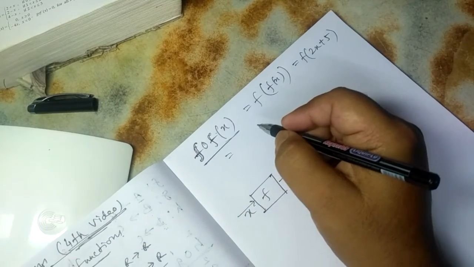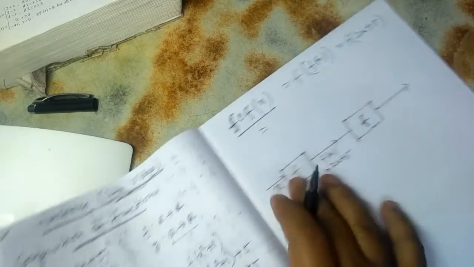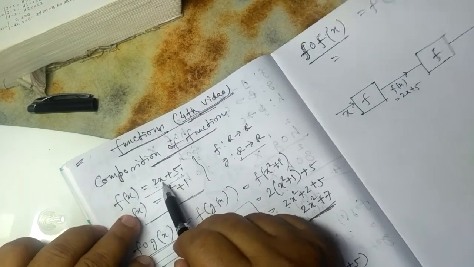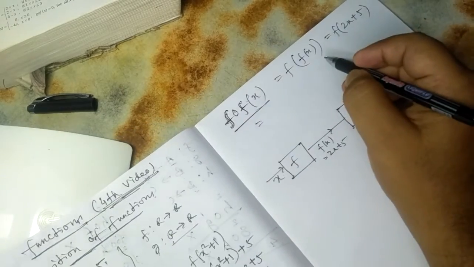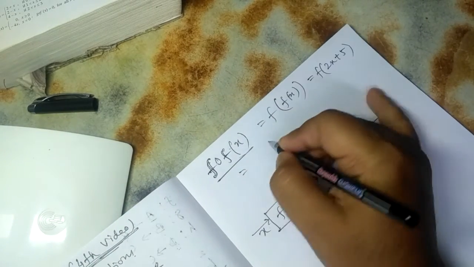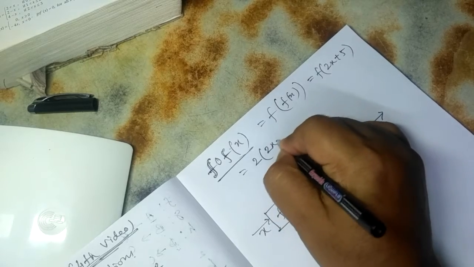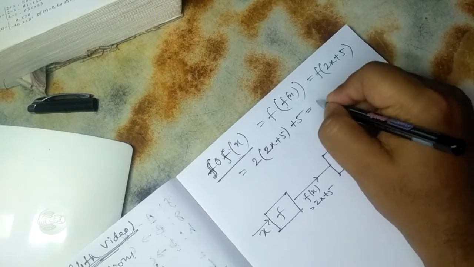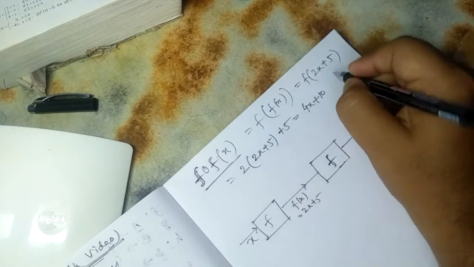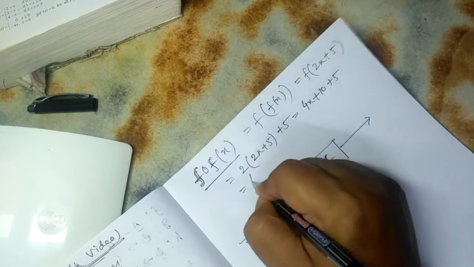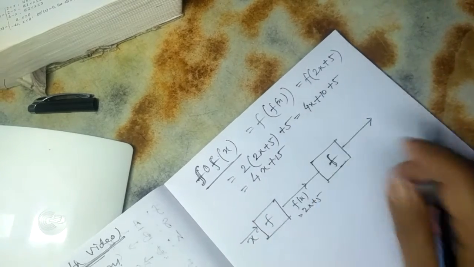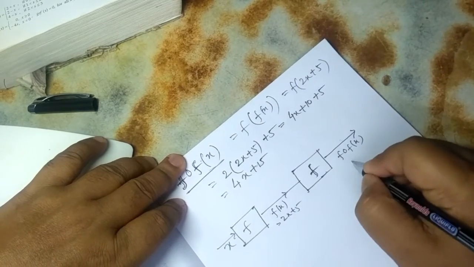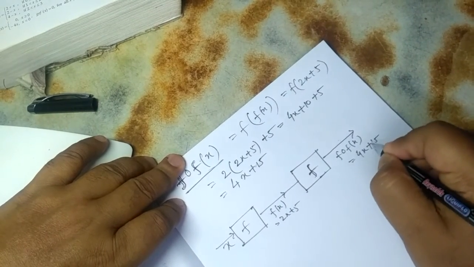What is the next function going to do? The f function's characteristic is f(x) equals 2x plus 5, so 2 times input plus 5. In this case also it will do 2 times input plus 5. So it is going to be 4x plus 10 plus 5, so it is 4x plus 15. So this is the function f o f (x) equals 4x plus 15.